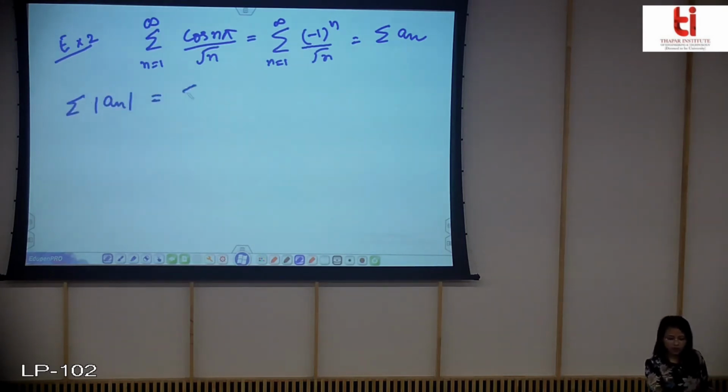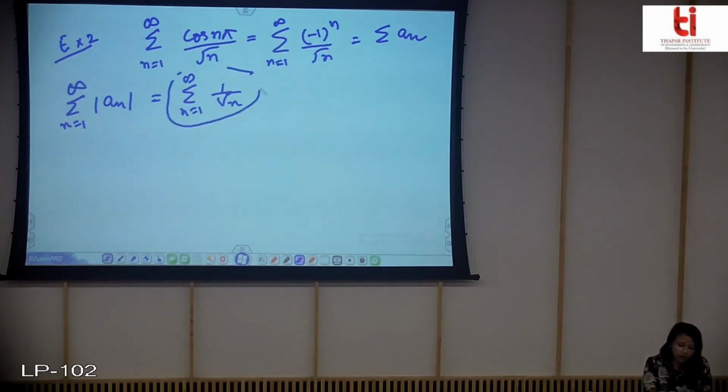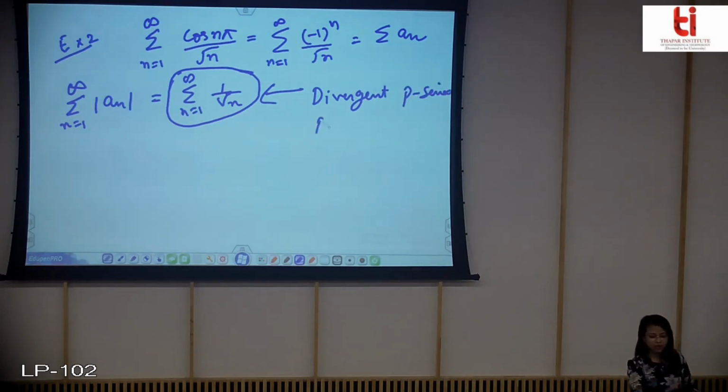This will be equal to 1 by under root n. Okay, so what about the nature of this series? This is a divergent P series, as P is equal to half.